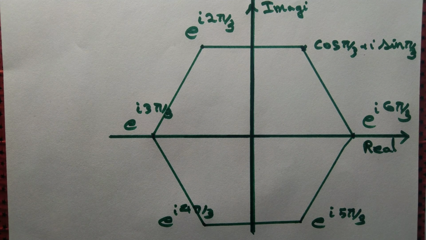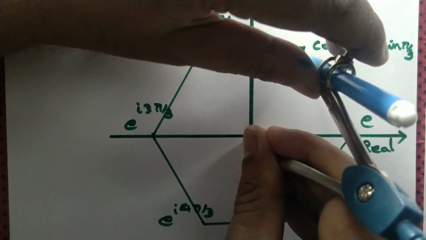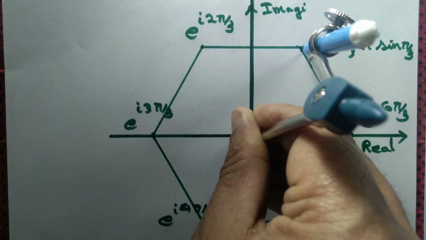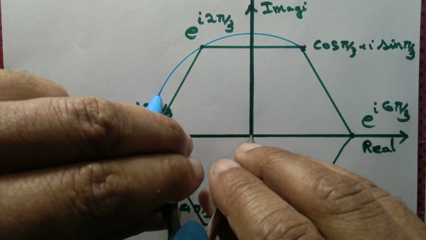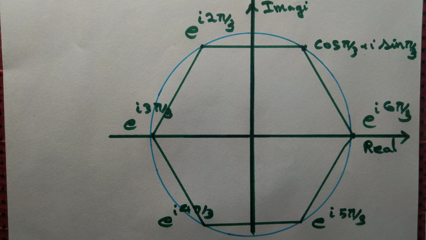Further, we observe that modulus of each of those complex numbers is equal to 1. r is equal to 1. So let's draw a circle with center as the origin and radius unity. Observe that all the sixth roots of unity lie on a unit circle.